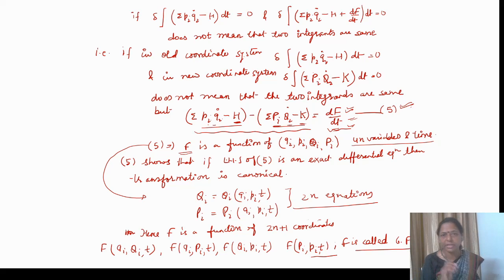It simply means that if you are having canonical transformation, you have some transformation equations and you have to find whether the transformation is canonical, then if you can find such f, if you can prove that this type of condition is true, then it simply means that your transformation is canonical, and you may also find your f with the help of those equations. And how we do that?